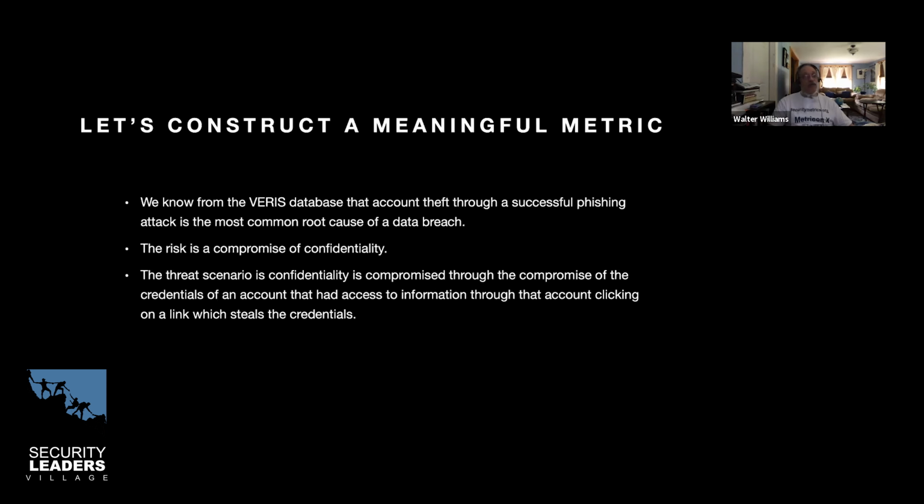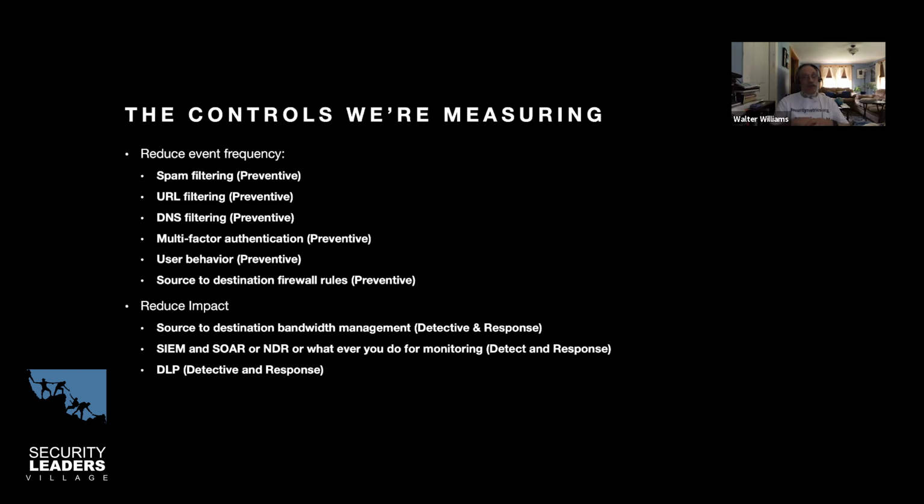So our threat scenario is very simple. The risk is a compromise of confidentiality, and the scenario is that this is done through the compromise of credentials of an account that had access legitimately because the holder of that account clicked on a link that stole their credentials. So let's look at the controls that we'd be measuring, the controls designed to prevent this.